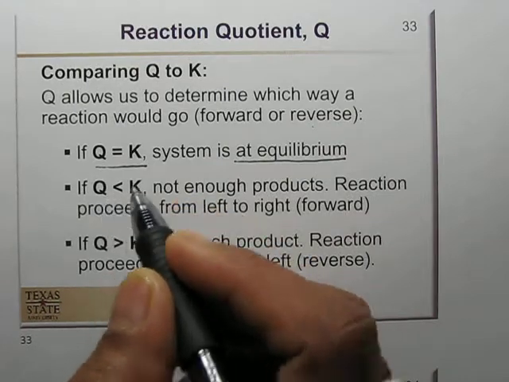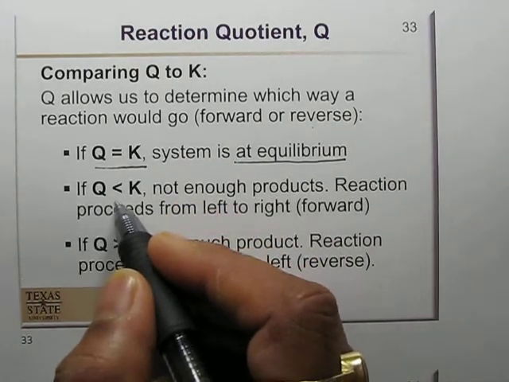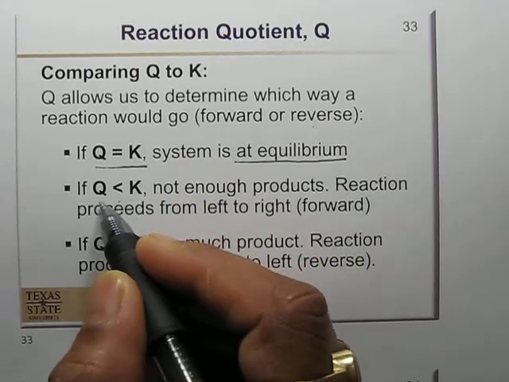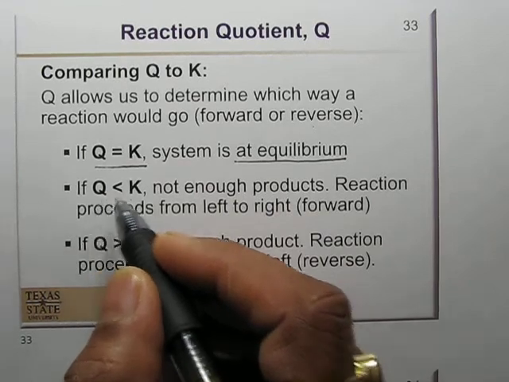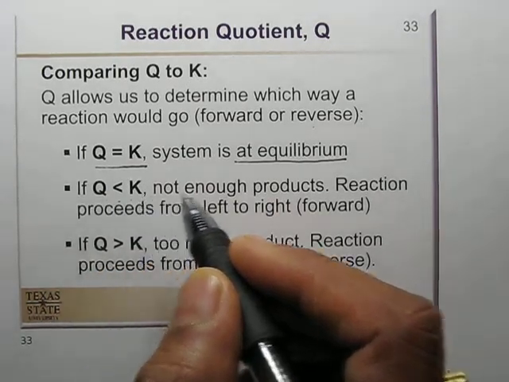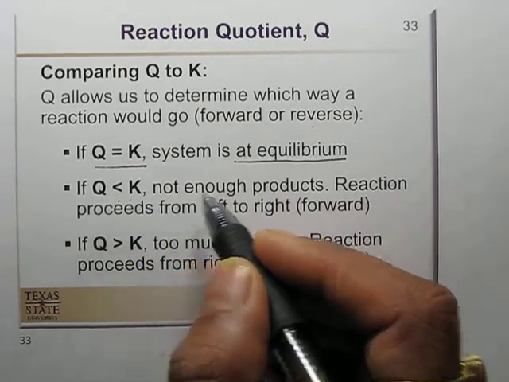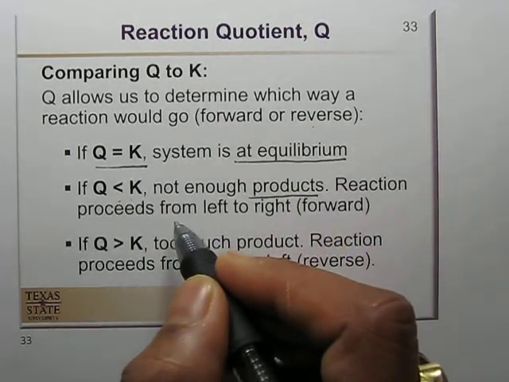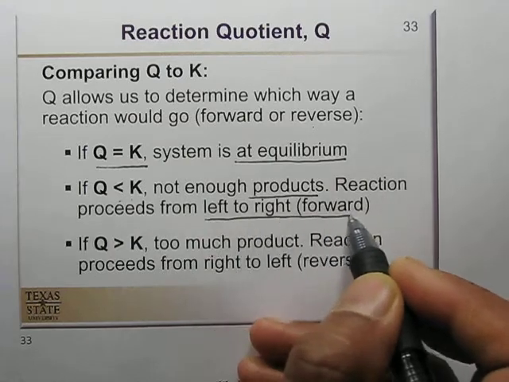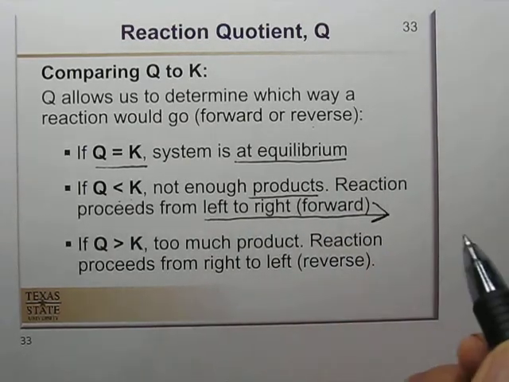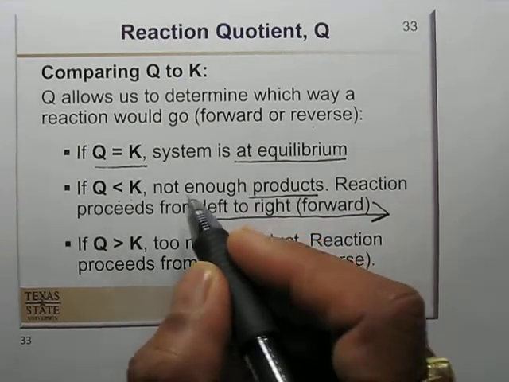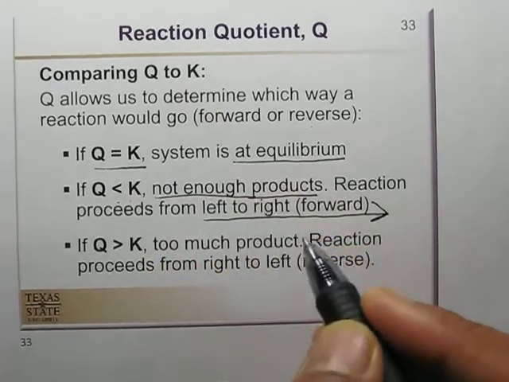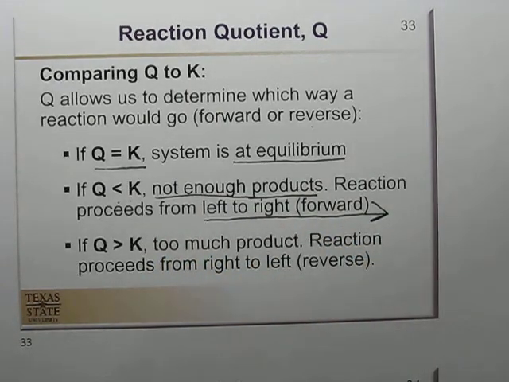So three conditions are there. If the value of Q is smaller than K, it means not enough product. The reaction proceeds from left to right, in the forward direction. Not enough product, so the reaction will move to the right.